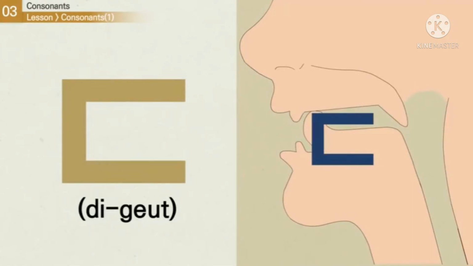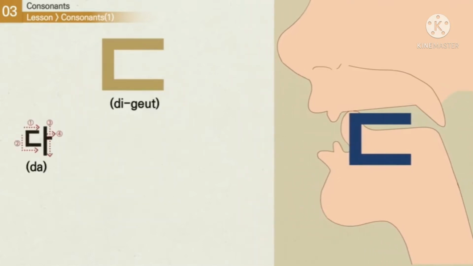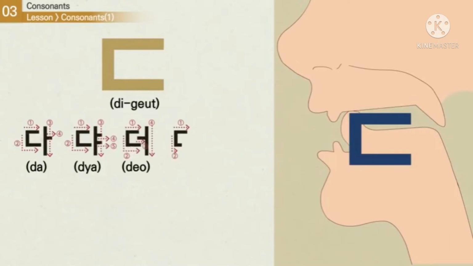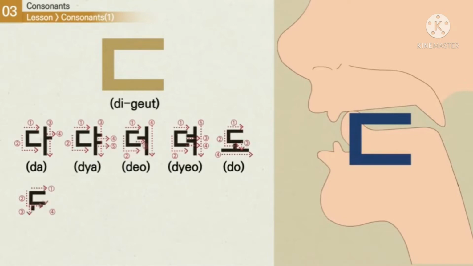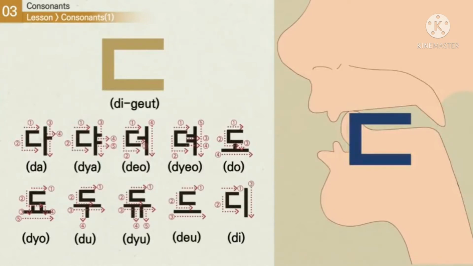Also, while 니은 is a nasal sound, 티귿 is not. Listen carefully. 다, 댜, 더, 뎌, 도, 됴, 두, 듀, 드, 디.